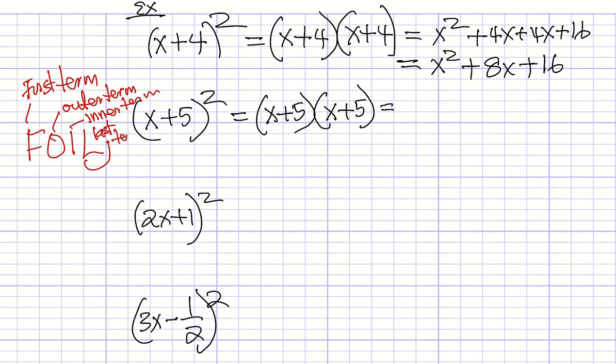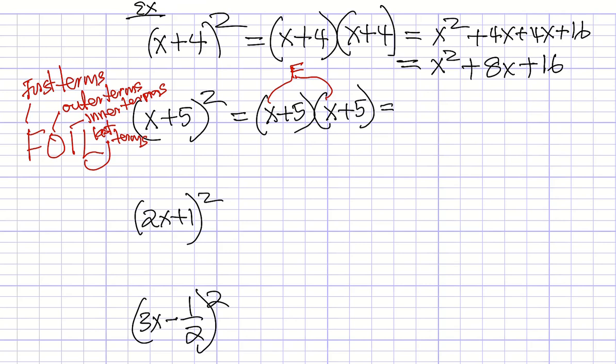That's what they say, but when you use it, they say terms, they put S. All those terms are just S. So FOIL means, right here, F: first terms. You multiply the first terms, okay? Alright, like that.